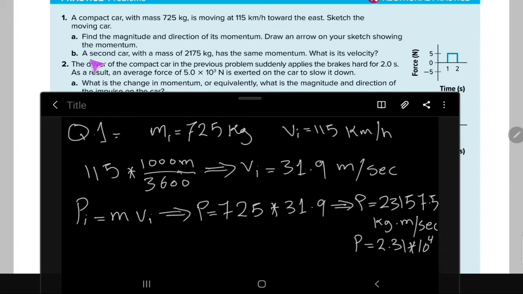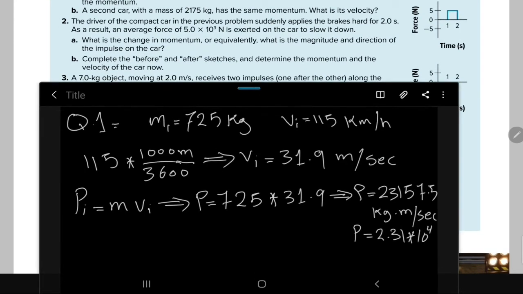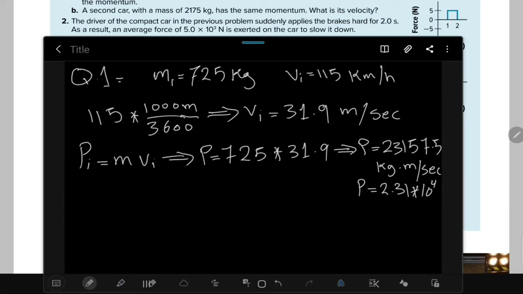And here in B, we have a second car with a mass of 2,175 kilogram that has the same momentum. What is its velocity? So how could we find it? Here we have a second car, so mass 2 is equal to 2175 kilogram.